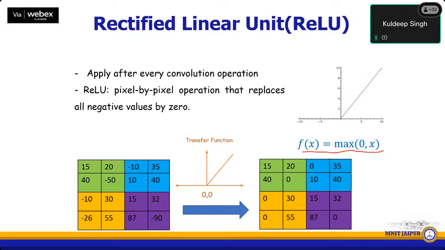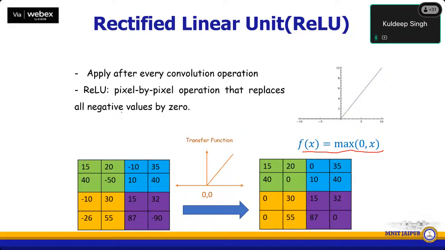So basically it is linear in the positive range. However, it is 0 in the negative side. It looks like linear, but it is non-linear. That's why it is fast, it learns fast, and it avoids the vanishing gradient problem.